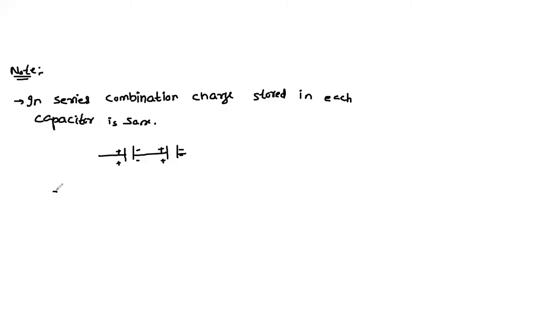The type of circuits that we will do today, to analyze those circuits, just keep this in mind: that in series combination, negative plate of one capacitor is connected with positive of another.